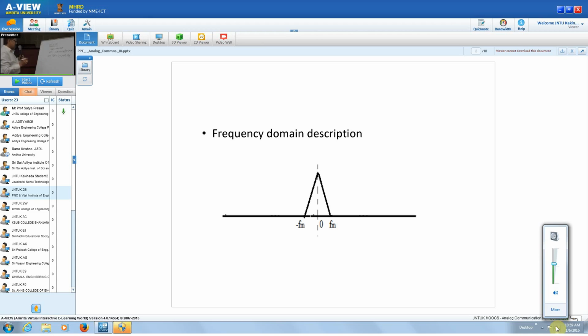If you say that you have your V of t with a frequency variation of delta omega, instead of omega c, the frequency that we are generating at the receiver is omega c plus delta omega.